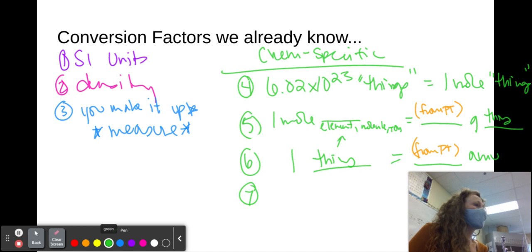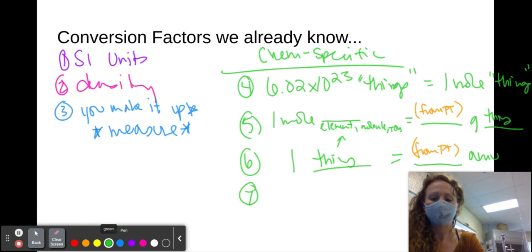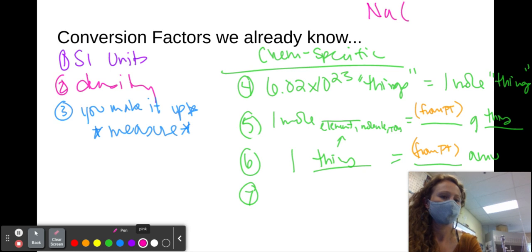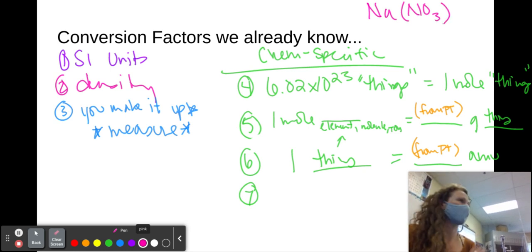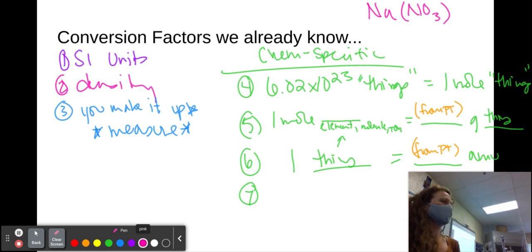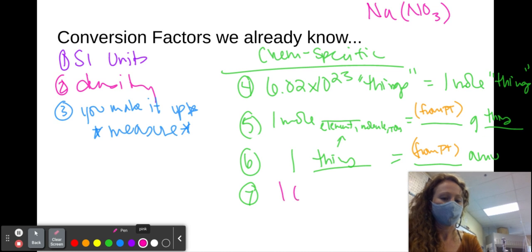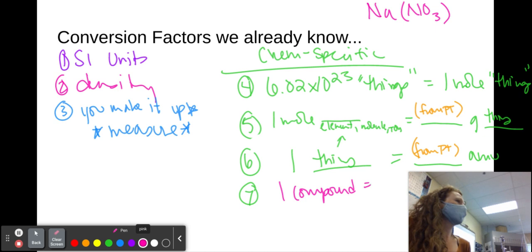Okay. And it's kind of on the same line as the one we just did, as number 7. If I give you a compound, let's say NaNO3, sodium nitrate. If I have one compound, how many oxygen atoms do I have? 3.